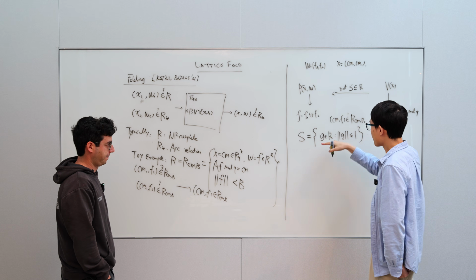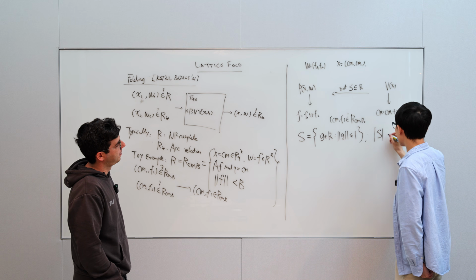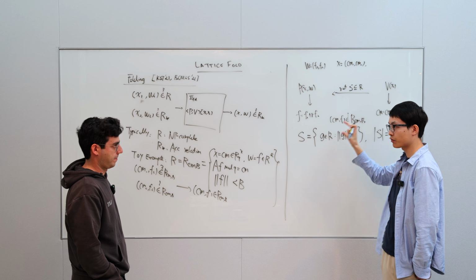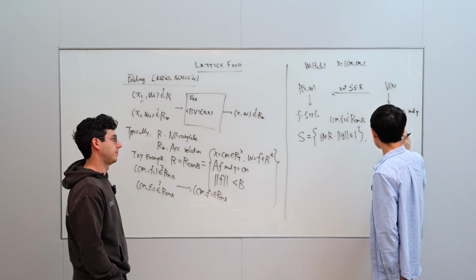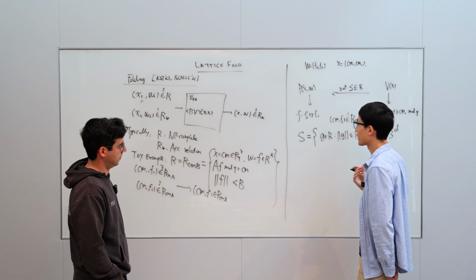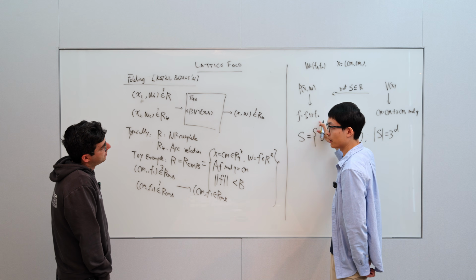So it has 2 really nice features. First, the size of S can be as large as 3 to the D, because every coefficient has 3 options, and there are D coefficients. So this is large enough as long as D is, say, linear in the security parameter. Another nice property is that now the norm of F is much better.